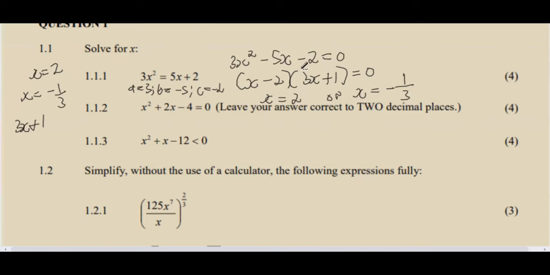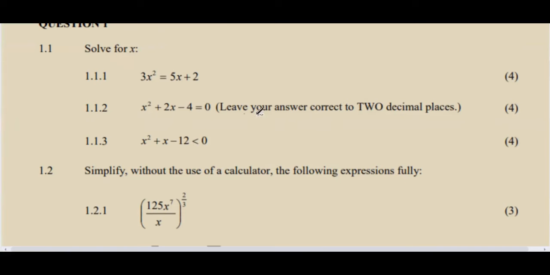Okay, so 4 marks like that, all of it. So it's 1, it's 2, and then 3, 4, right? Then 1.1.2, once again, leave your answer correct to 2 decimal places. That means for this one, I cannot factorize even if I wanted to.